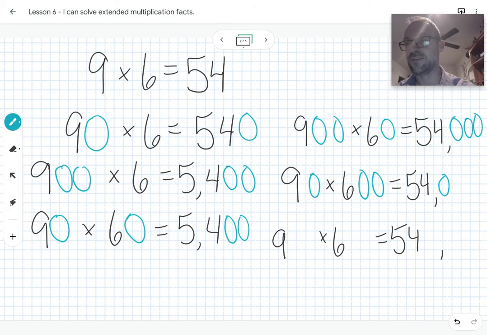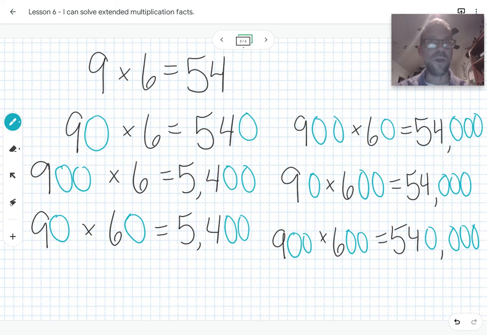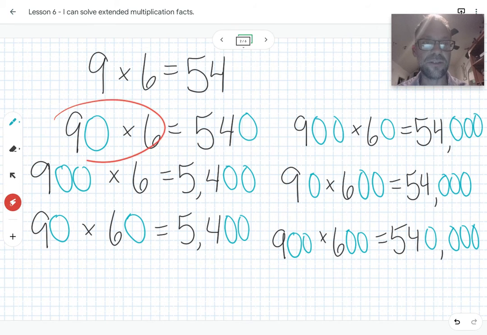The answer would be 54,000 again. And what if I multiplied 900 times 600? It's a giant number. Well, the answer would be 540,000. Now, what is the pattern you noticed in the number of zeros in the factors?